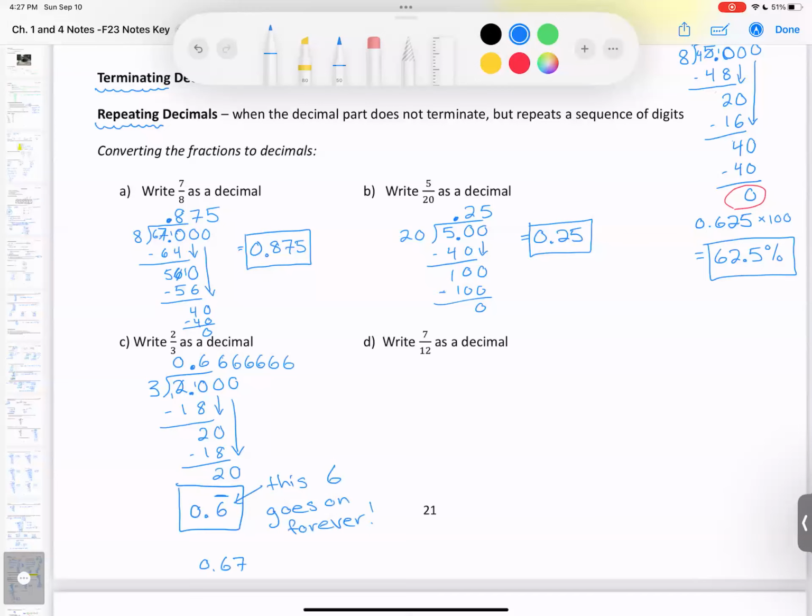Okay, let's try this one together now. So we've got 7 divided by 12. So I'm going to add another 0 here. How many times does 12 go into 70? Would go 5 times. 5 times 12 is 60. So now I've got 10, and I'm going to add another 0. So how many times would 12 go into 100?